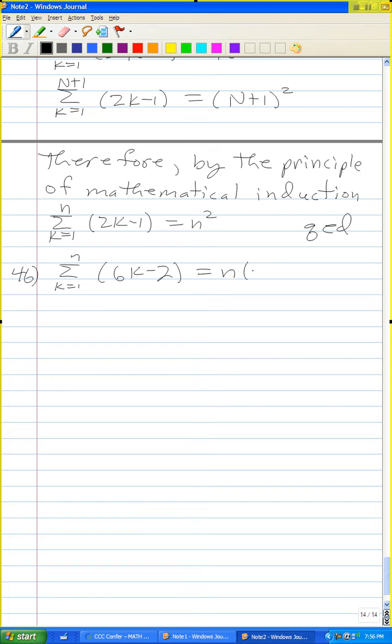This is equal to n times 3n plus 1. Okay, so again, we've actually proven this, but let's prove this by mathematical induction.